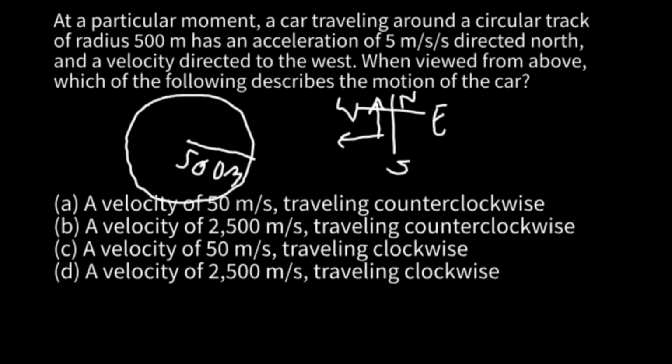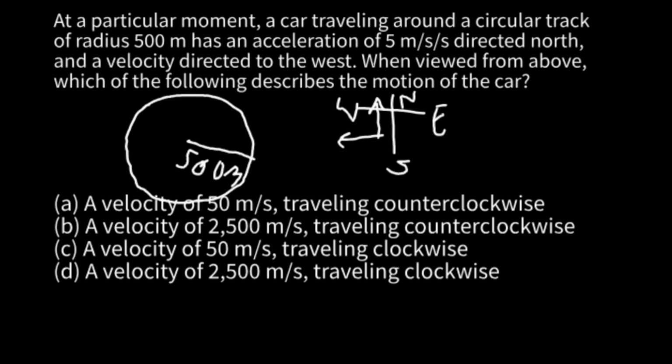Well, first let's just try to figure out where on the track it could be. Because the acceleration and the velocity are perpendicular to each other, that acceleration has to be our centripetal acceleration. Because centripetal acceleration is center seeking and the velocity is tangential, they have a 90-degree angle between them, and that's how I can tell that in this problem it's a centripetal acceleration, because one is to the north, the other is to the west.